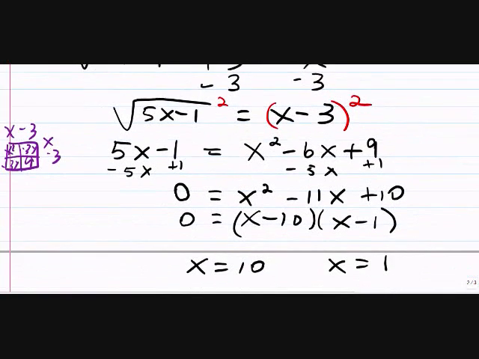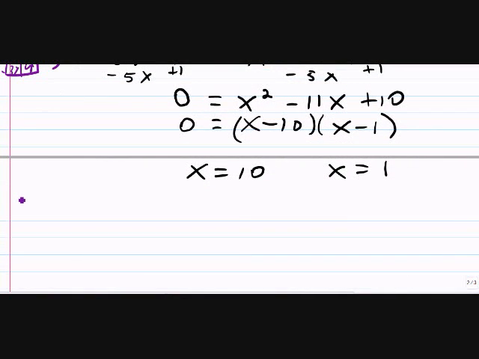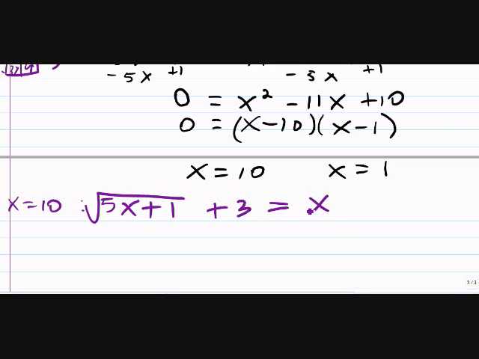So the square root of 5x minus 1. So I'm first going to check x equals 10. Does this one check out? 5x minus 1, the square root of that, plus 3 needs to be equal to x. So this is 5 times 10, that's 50.